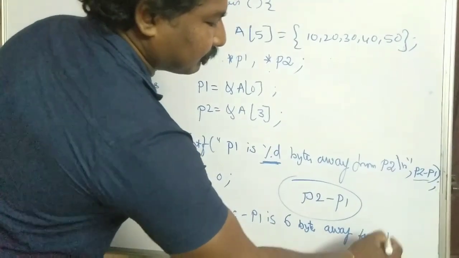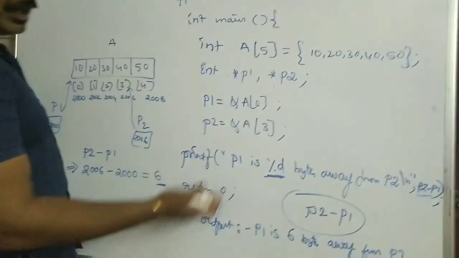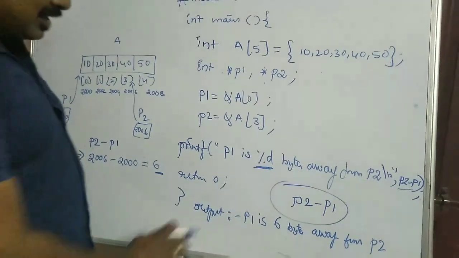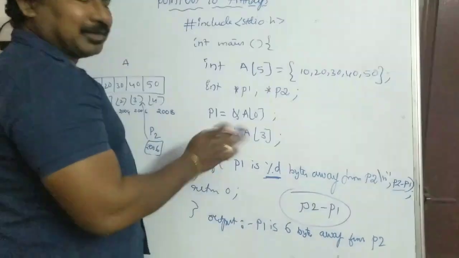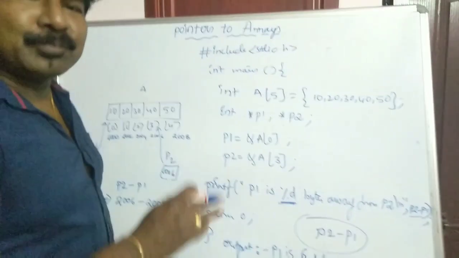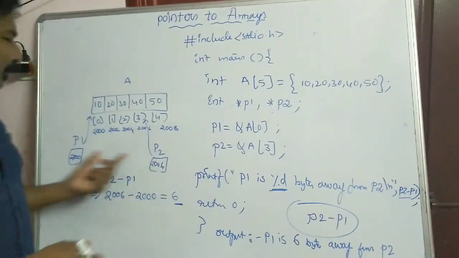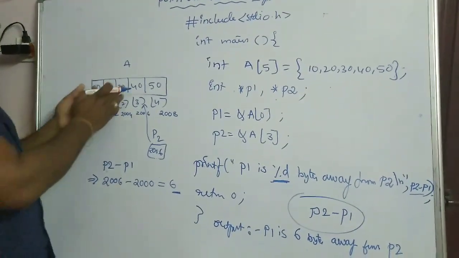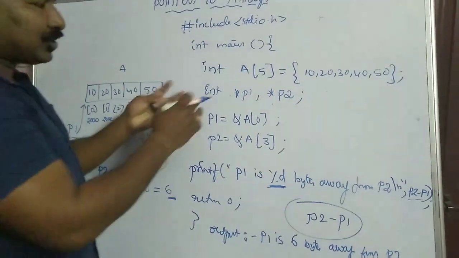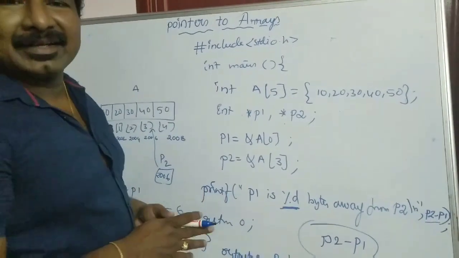Okay friends, so now I have given a meaningful sentence that p1 and p2 are away by 6 bytes. So that means you can actually subtract the two pointers provided that both the pointers point to the same array. Okay friends, if one pointer is pointing to one array and another pointer is pointing to another array, you cannot subtract. So this is the subtraction of two pointers.